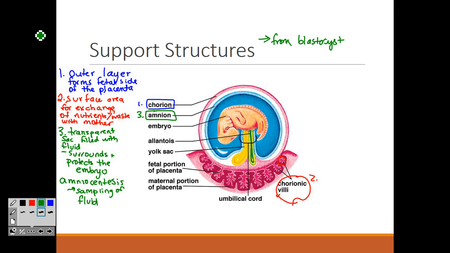So it's a procedure that might be done while a woman is pregnant to try to detect issues that might be going on with the embryo. Because the fluid directly surrounds the embryo, you can pick up on levels of different substances and get an idea of the health of the embryo.